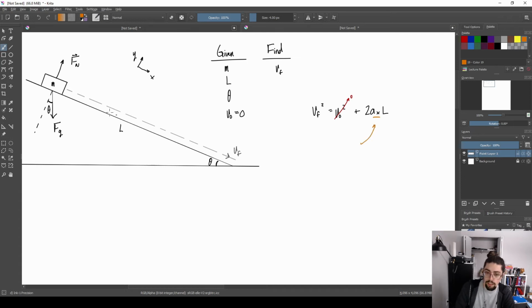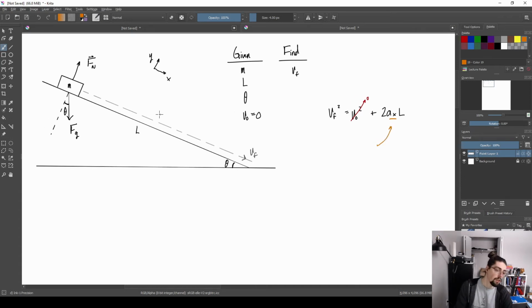Let's say, okay, well, acceleration in the x direction, that is going to come from the forces acting on this block. If I take a look at all of the forces acting in the x direction, I know F of x should be equal to the mass times the acceleration in x. What goes into the x direction? Well, only that.